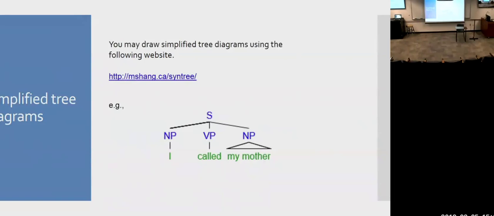Verb, okay, have NP. Did you notice that when you do the simplified tree diagram, you have this specific triangle here? That means this is simplified. That is to say, I do not want to further analyze it, because now we already know the determiner plus the noun, so you just put them together as my mother. Look at this. The original one goes like this, right?